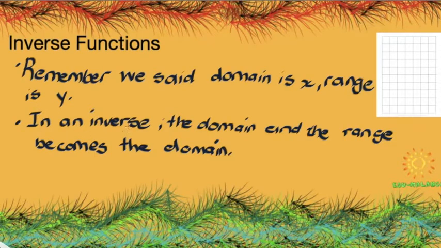In an inverse function, I'm not going to write the word function here, but we're talking inverse functions. In an inverse function, the domain and the range are inversed. The one becomes the other. If English is not your first language, I would explain it as we are swapping. So where there was X, we're going to put the Y value. Where there was a Y, because remember, every single coordinate means a point, one part of the graph.